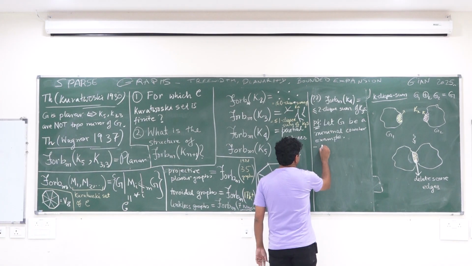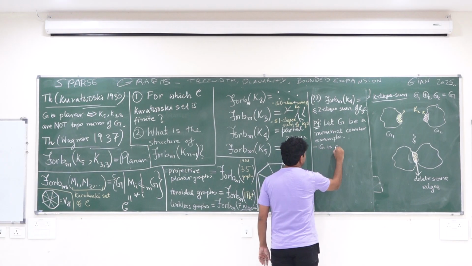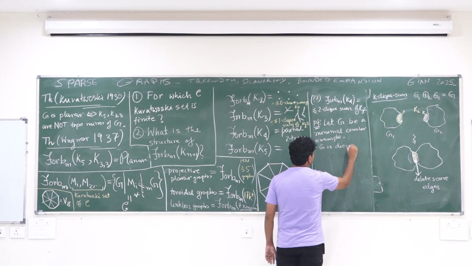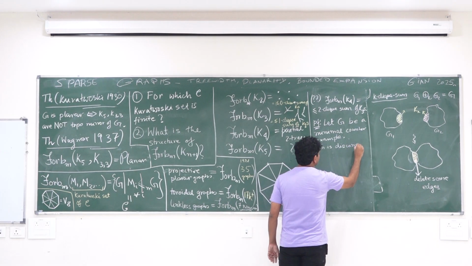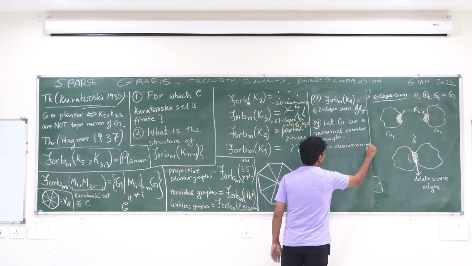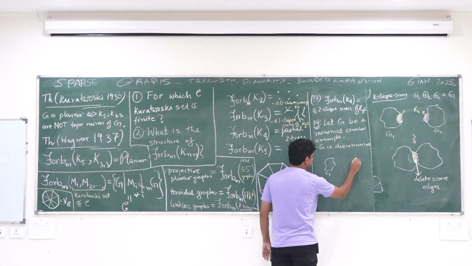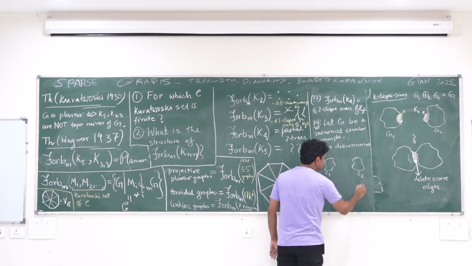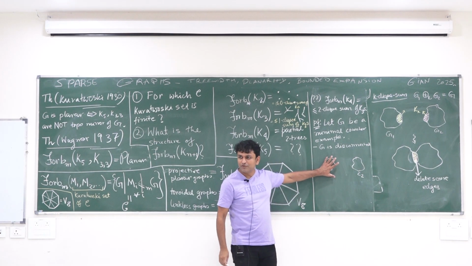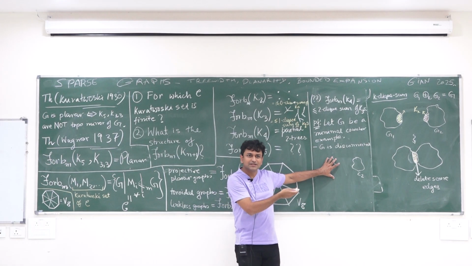So first case, if G is disconnected, you have a component C1, another component C2. Delete C1, C2 remains.